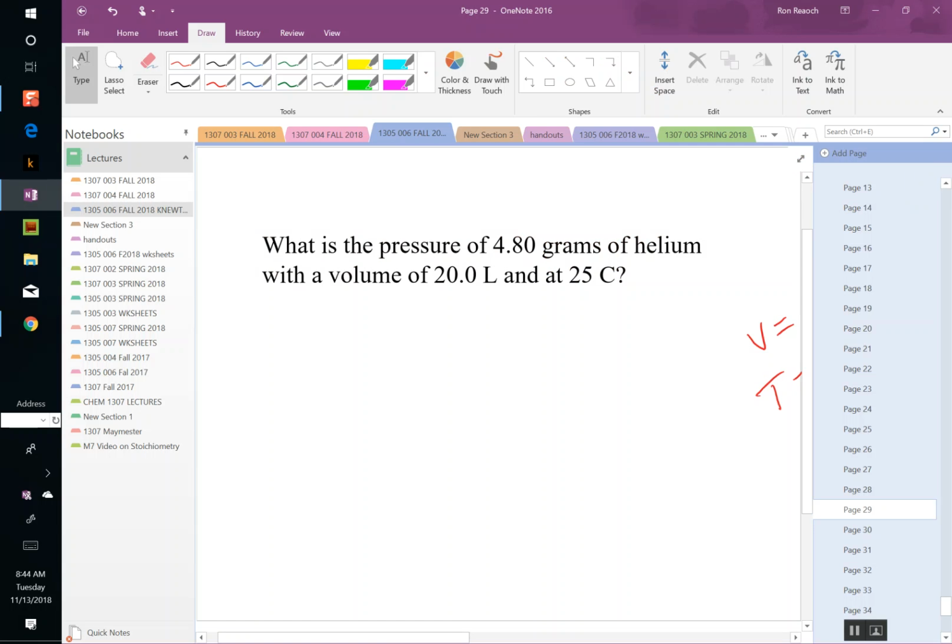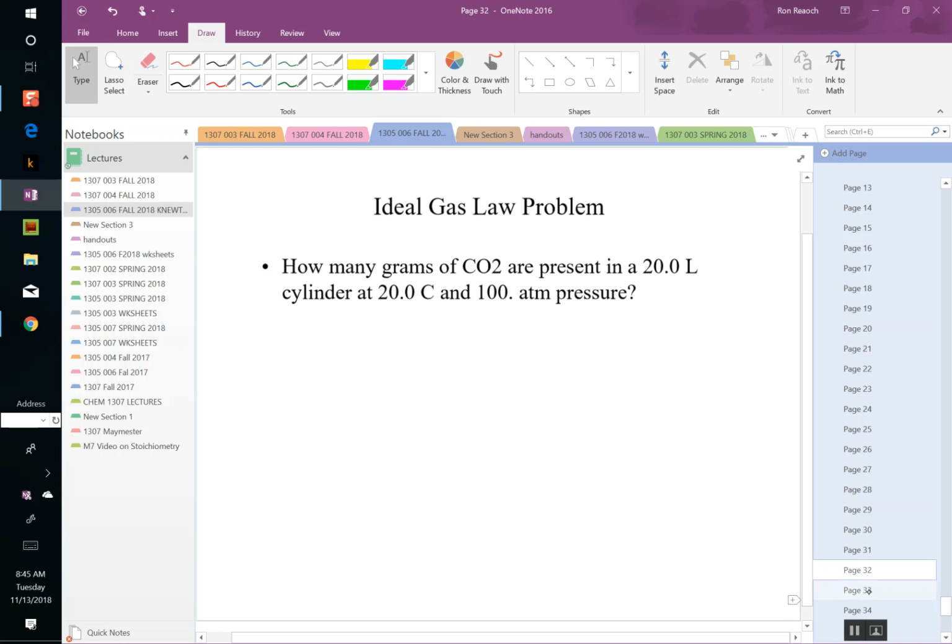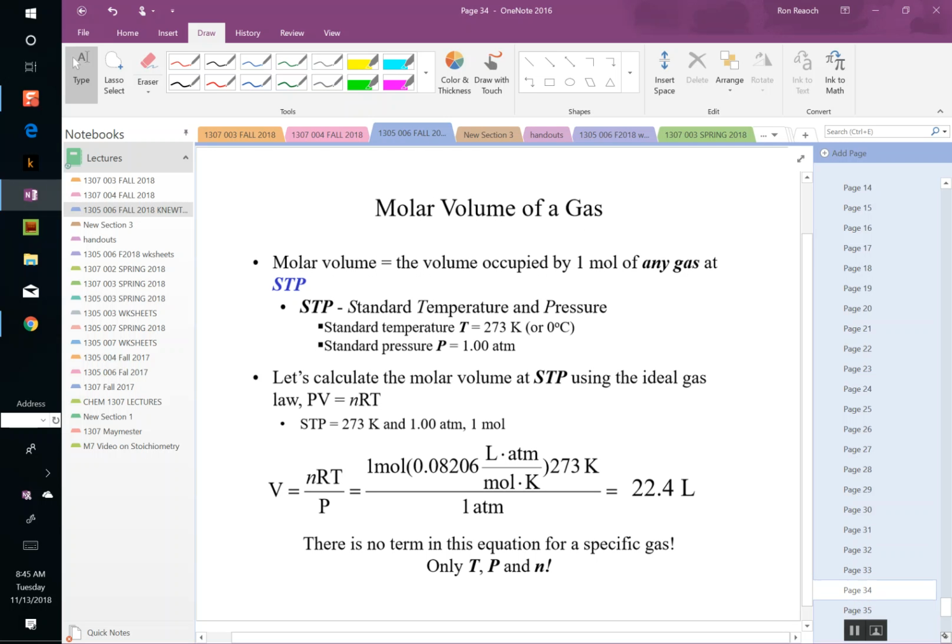Now, let's see where we are on our slides. Here is this calculation we did. I kept that at 0.08206. We rounded off to 0.0821. That's fine.